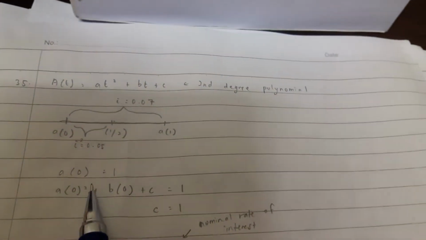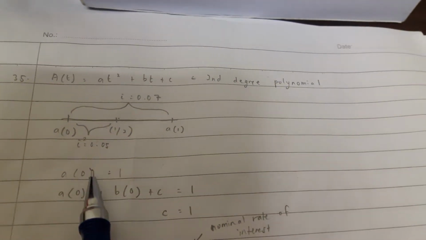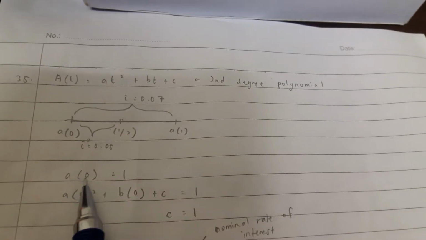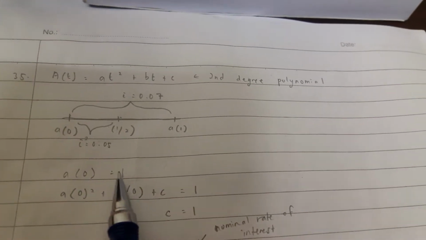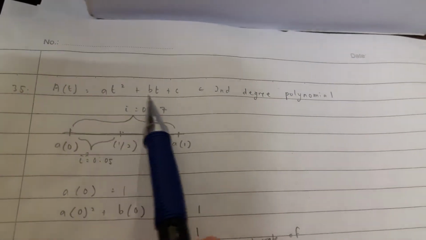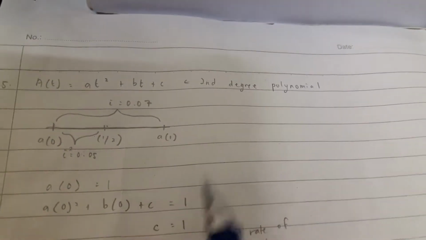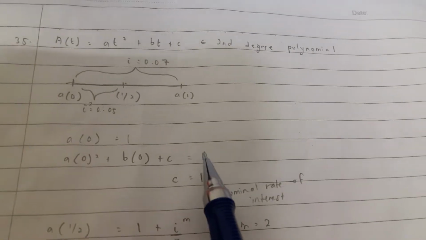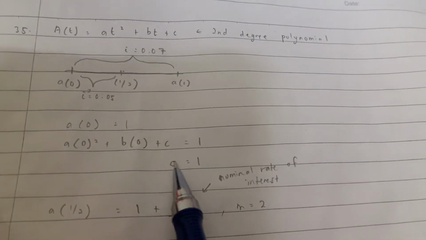And if we put a(0), it is equal to 1. And by inserting the 0 in the function above, and it is equal to 1, we'll find C.